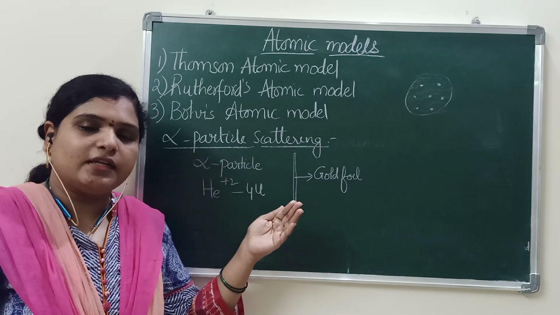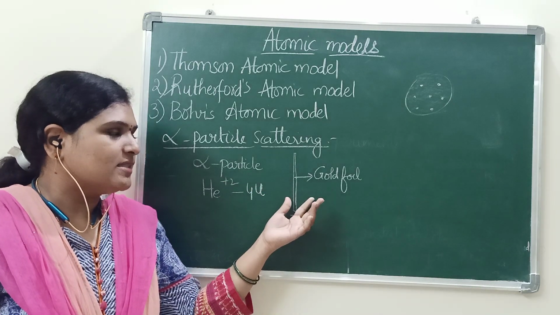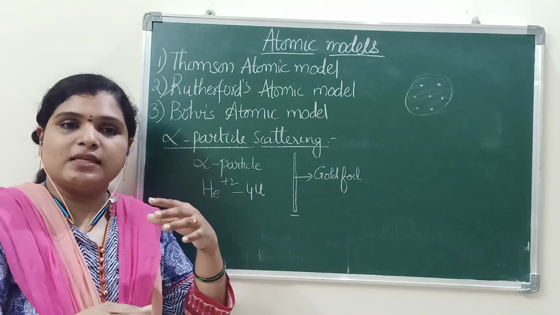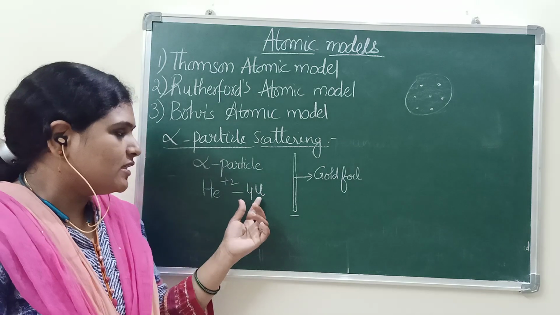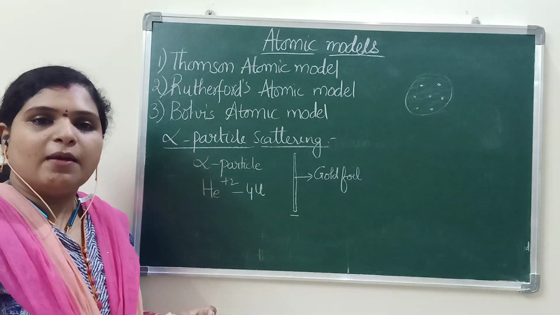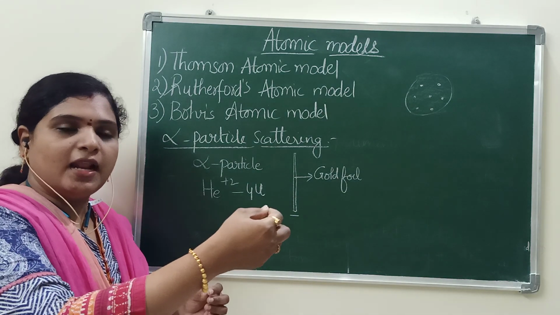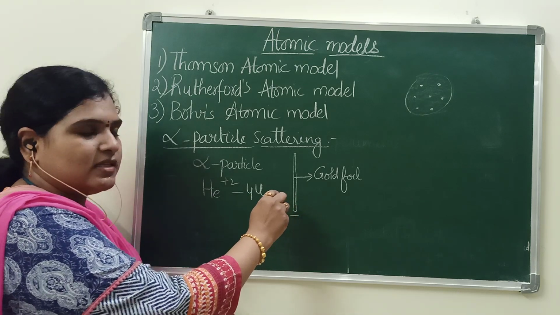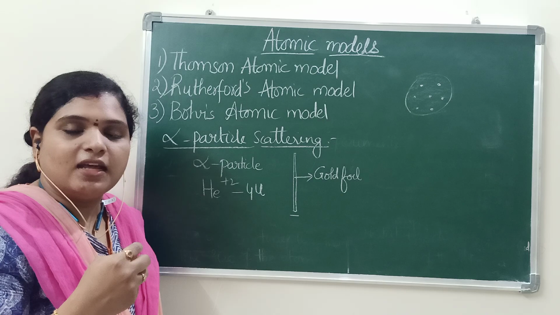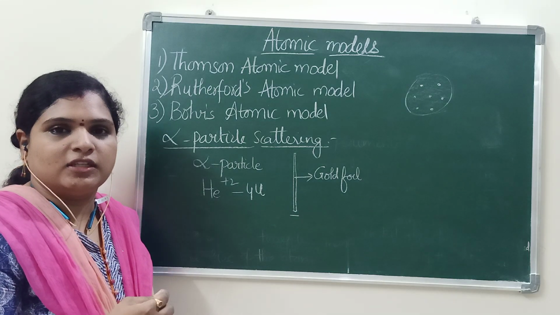What he expected was, as the mass of the proton is very small, even though they show some deflection, since the alpha particle is positive and the proton is also positive, they will repel, and the rays that are passed will change their direction. That is deflection.